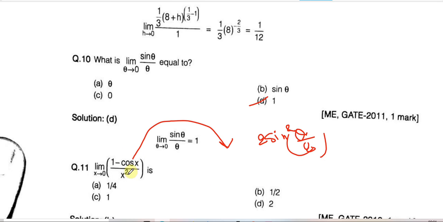So it will be converted into 2 into sin square (x by 2), and in the denominator also it is x square.